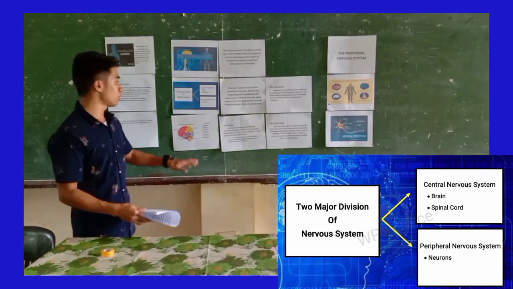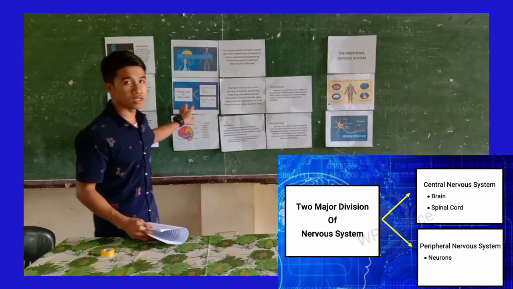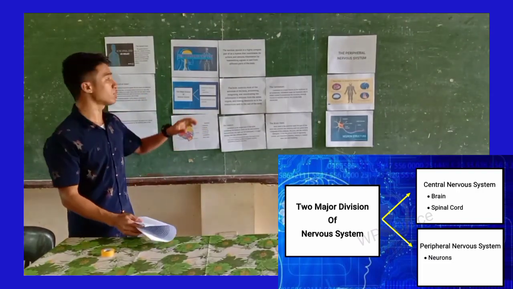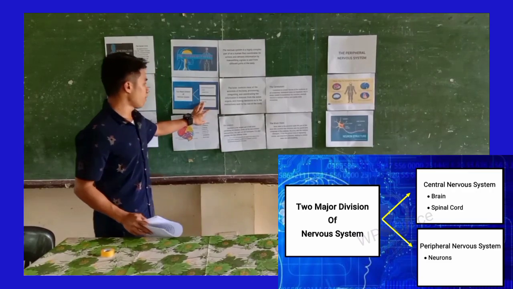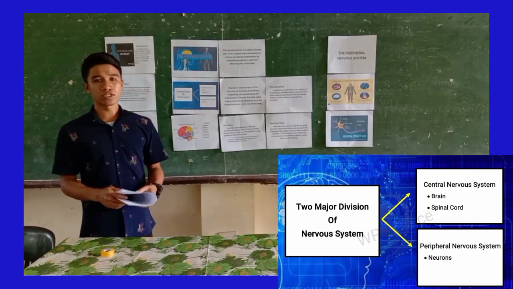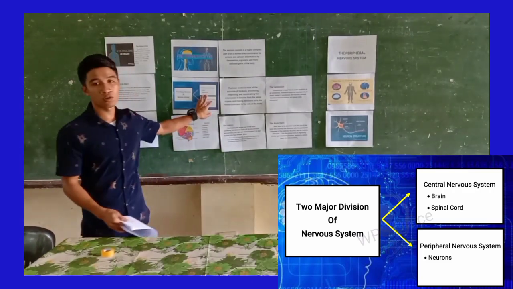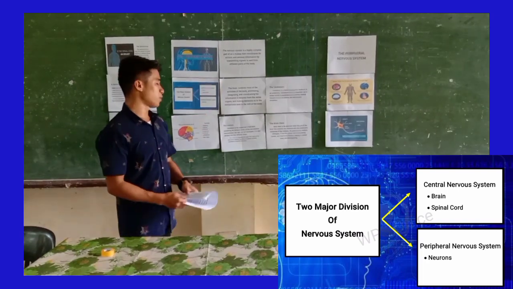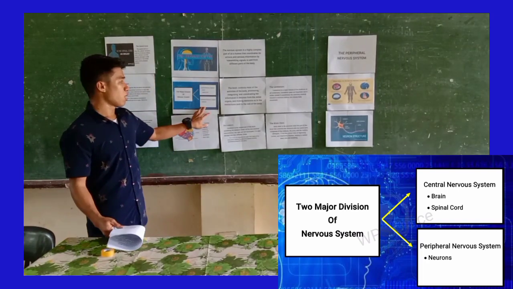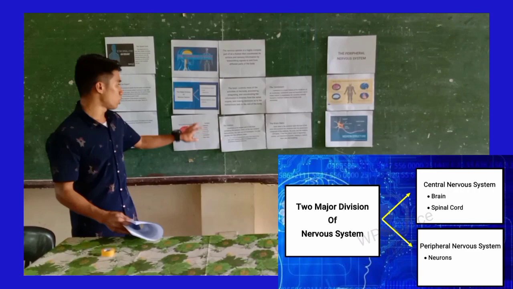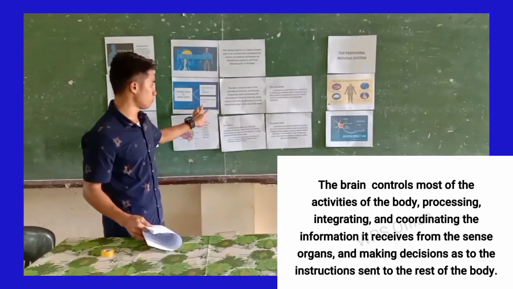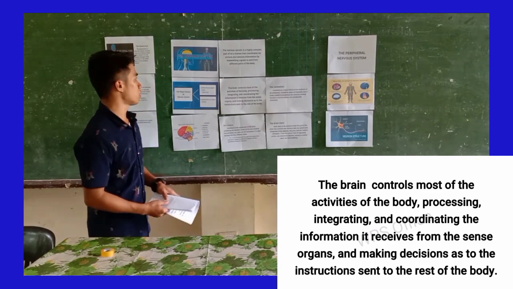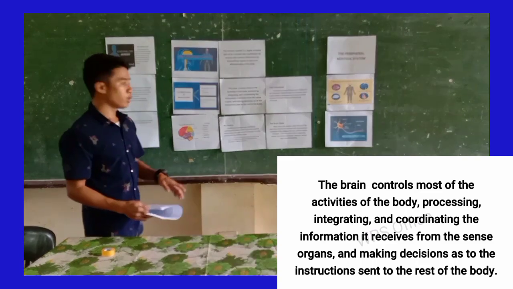So there are two major divisions of the nervous system: the central nervous system and the peripheral nervous system. The central nervous system is composed of the brain and the spinal cord. So remember that. And the peripheral nervous system are those neurons, also called nerve cells. So let's discuss the brain.